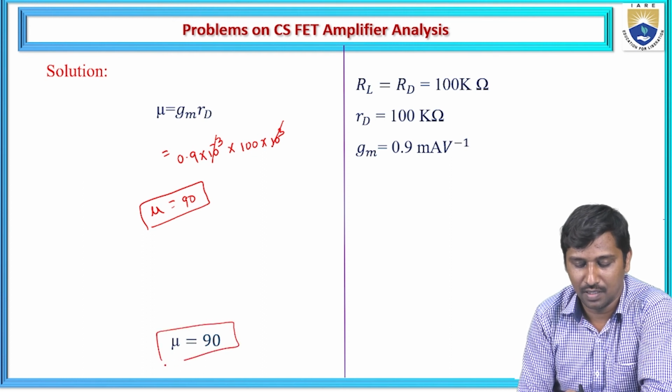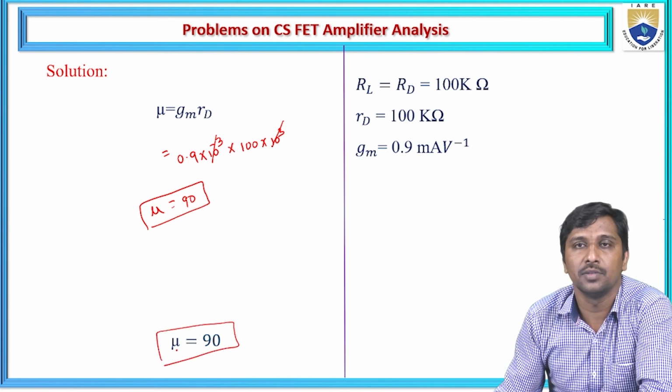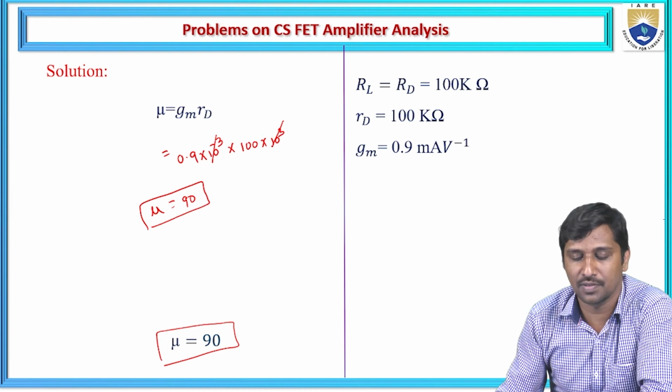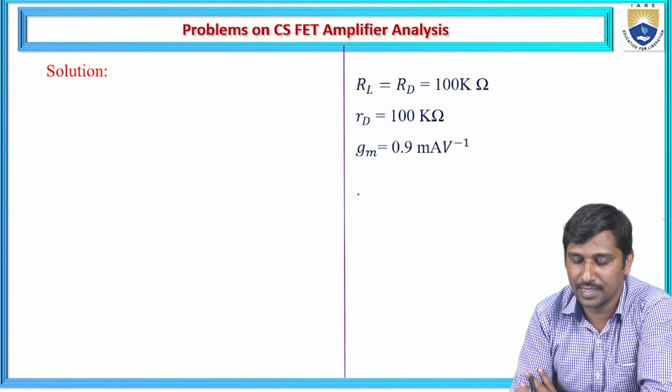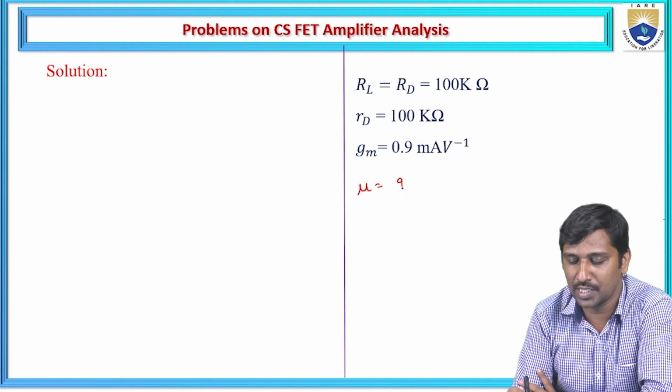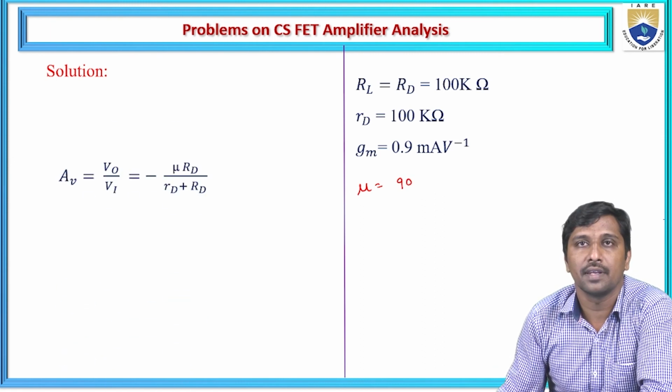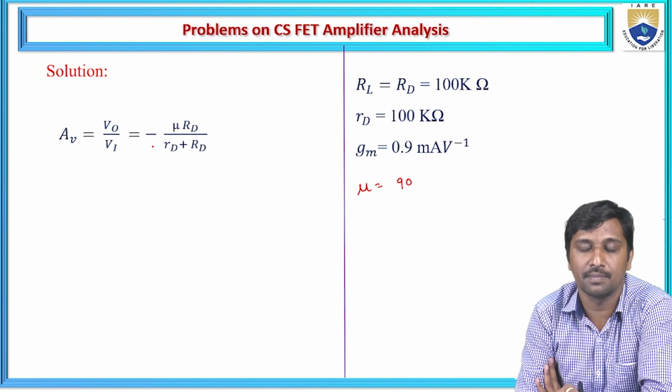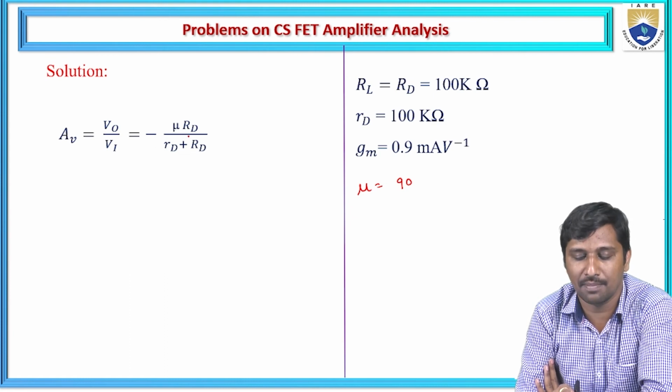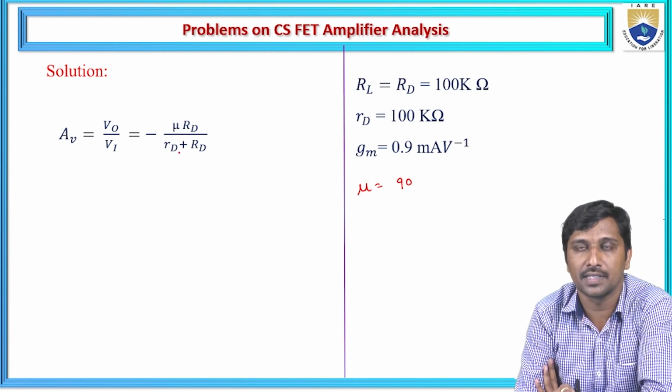Now I'm going to calculate the voltage gain of the common source FET amplifier. Let us consider the previous analysis, mu is equal to 90. Recalling this, the voltage gain is represented as minus mu times capital RD by small rd plus capital RD.